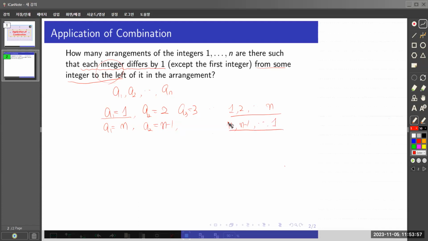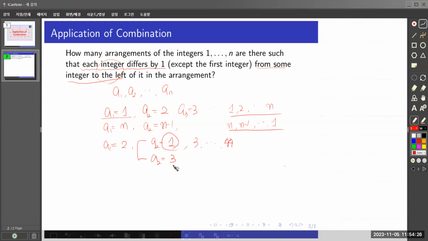But if a sub 1 is equal to 2, then on the second spot, we have 2 options. We can have a 1 or we can have a 3 in here. If we have a 1 on the second spot, then the remaining part should increase, going by 1 like this.